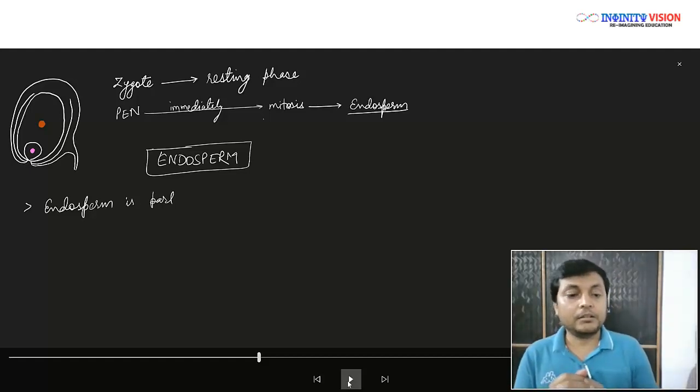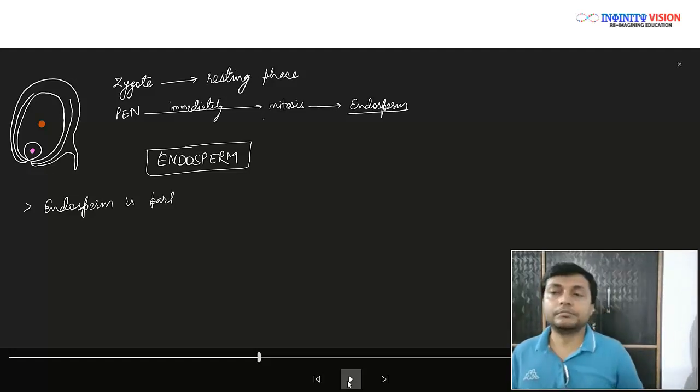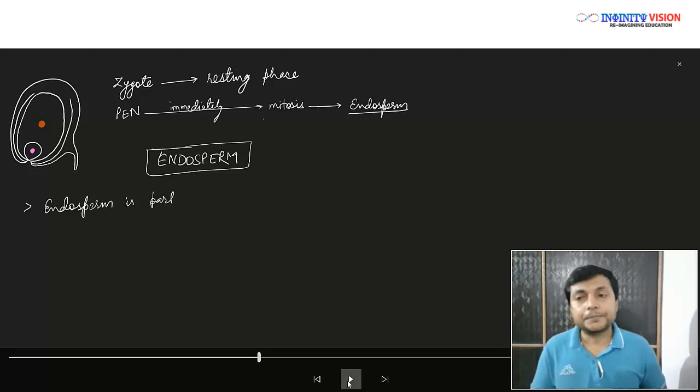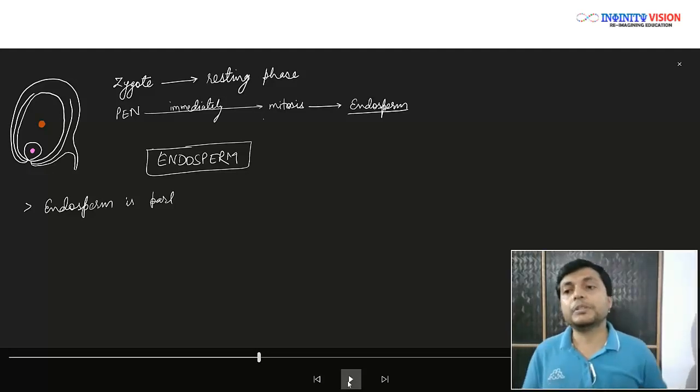Okay, in other words, the analogy you can take is that the endosperm is like the food source.